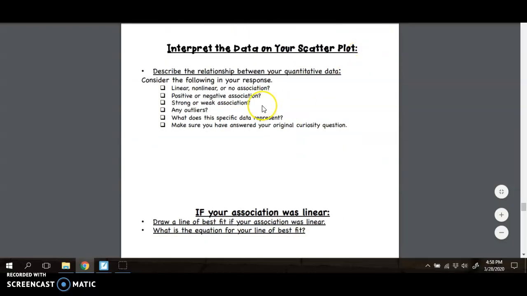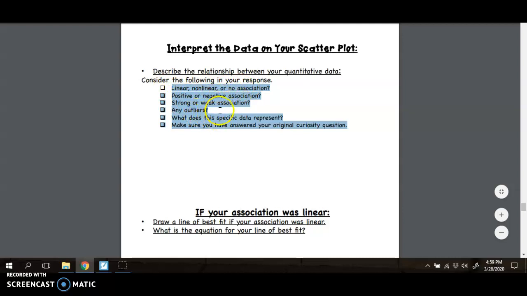So this is the part I was telling you about with the questions. So the first part is describe the relationship between your quantitative data. This is your checklist. You need to answer each one of these questions in the space below here. Okay, so the first thing you're going through, is it linear, nonlinear, or non-associative? Is it positive or negative? Is it strong or is it weak? Do you have any outliers?